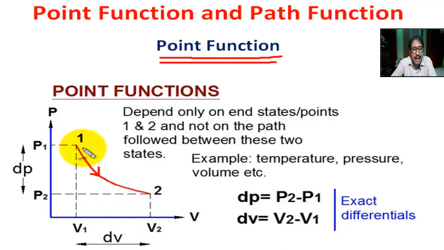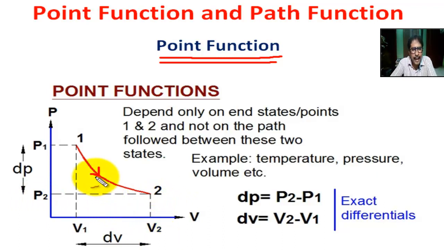Properties of pressure and volume at state 1 is P1 and volume V1. Properties of pressure and volume at state 2: pressure is P2, volume is V2.